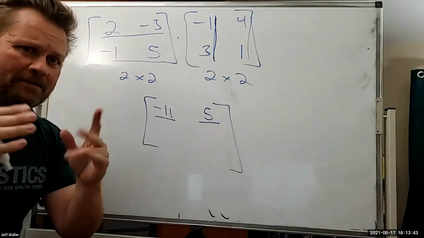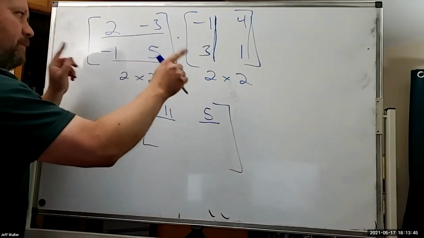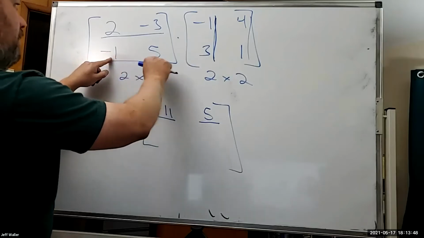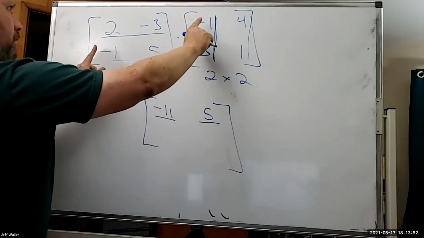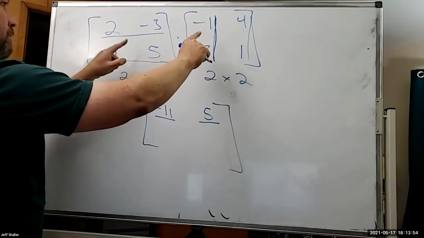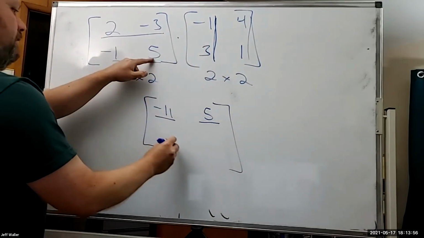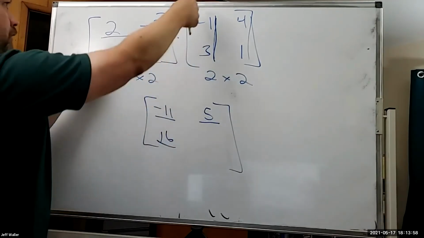I don't know how you guys are doing, but again, it's really this simple. I'm going to do this and this. So -1 times -1 is 1, plus 15 is 16. That was the second row, first column.